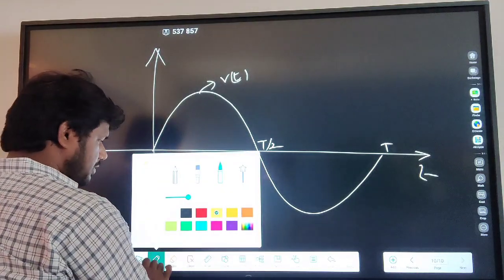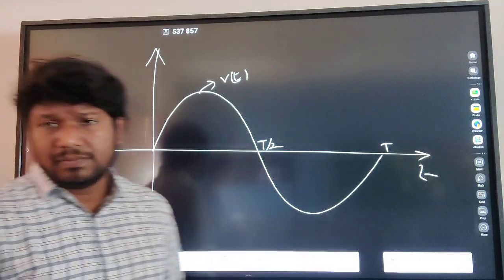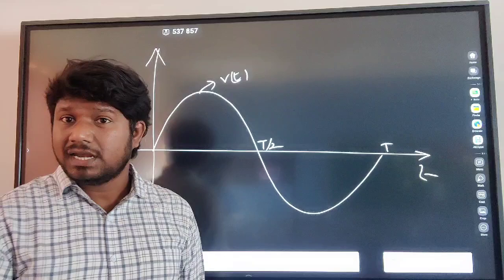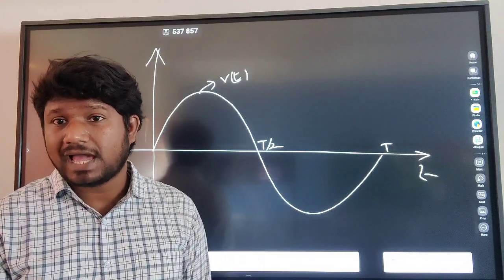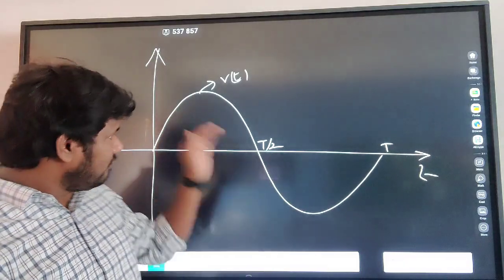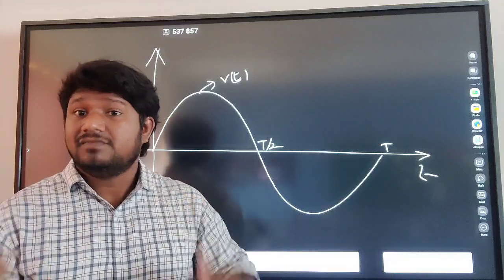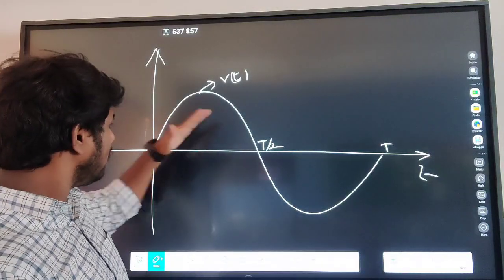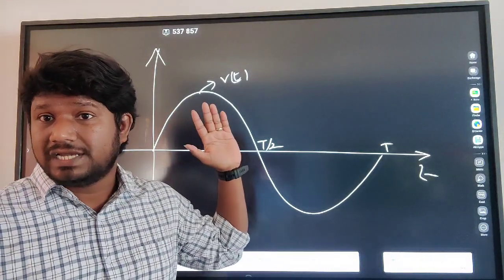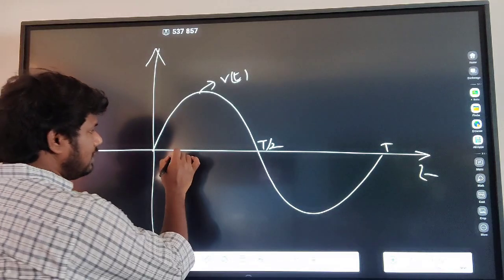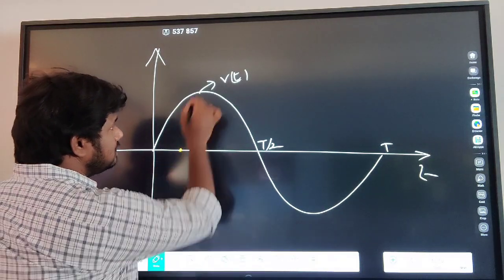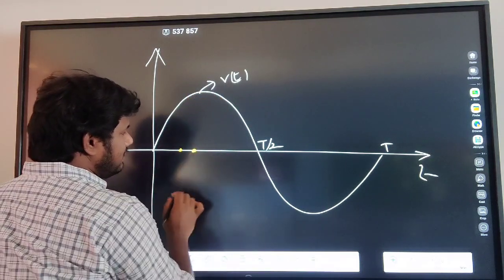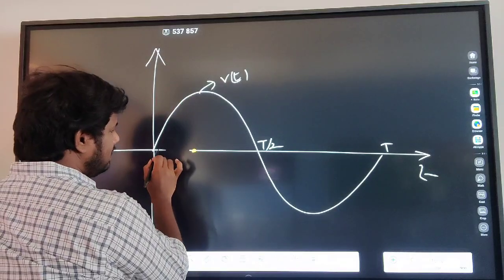How will the current be? Current is lagging by 90 degrees. After voltage only, current will start. Don't try to plot it behind, because that means it is leading. You need to plot current lagging by exactly 90 degrees.